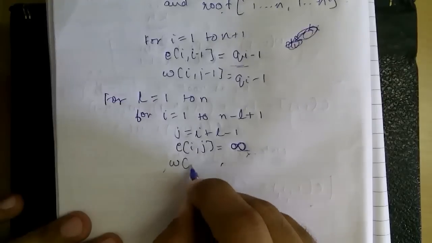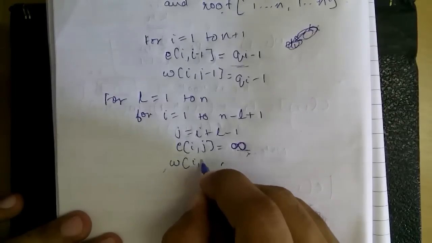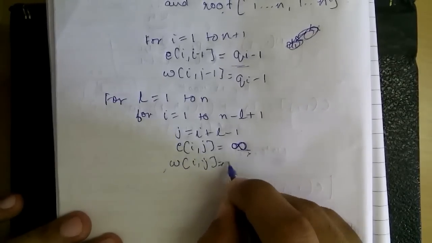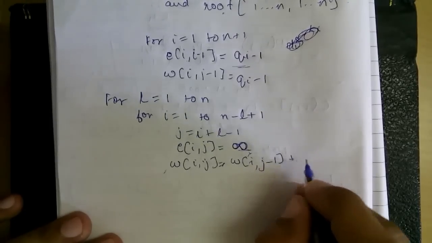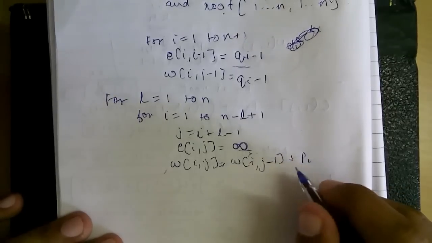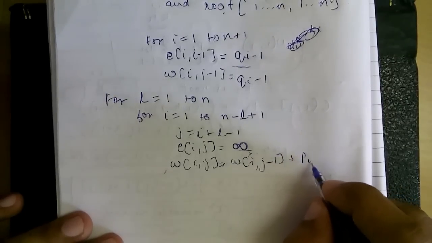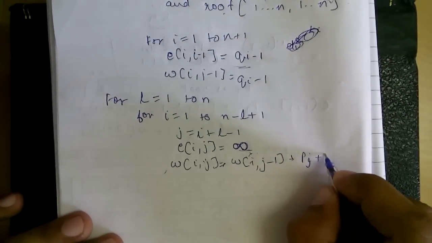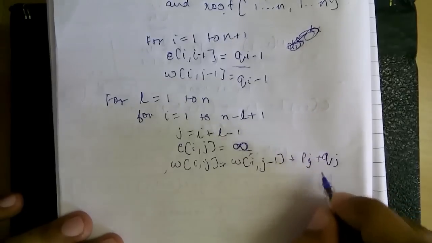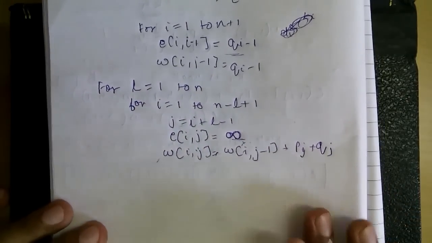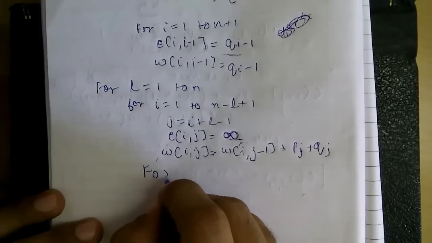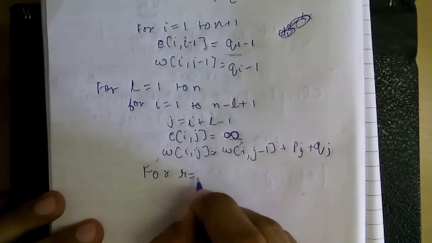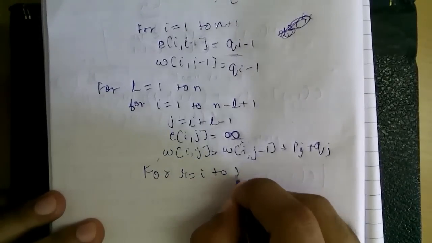So our sum of probabilities w of i, j is equal to w of the previous one, plus p j plus q j. Okay, now we don't know where to divide as root, so we will be checking all the values of r from i to j.